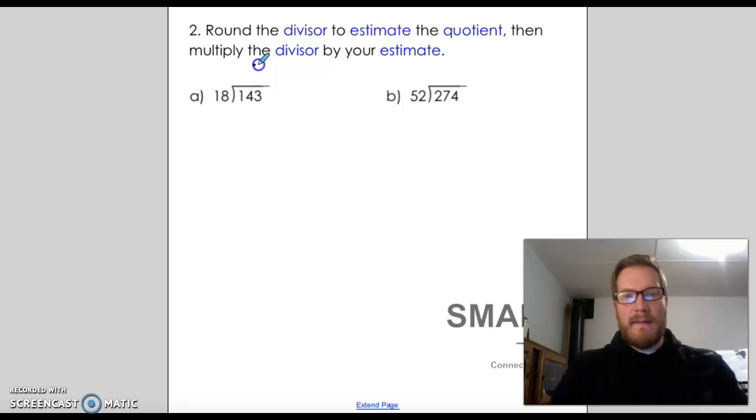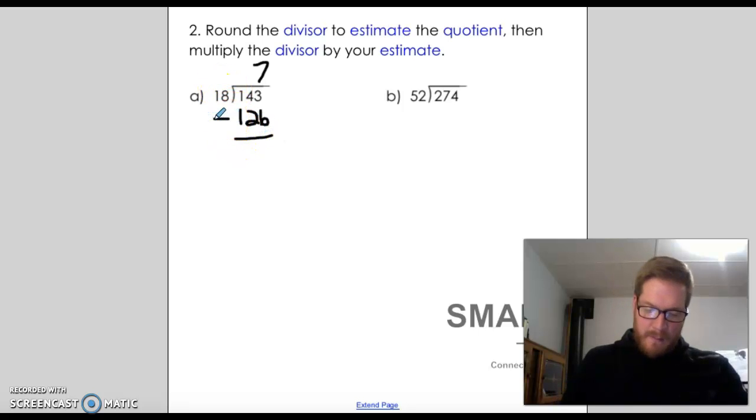So then I know that that's going to fit in about 7 times. And then my next step would be 18 times 7, which gives us 126, because I'm paying careful attention to multiply 7 by the divisor, right? And then I can do my subtraction, and I can get 143 minus 126, which gives us a remainder of 17.